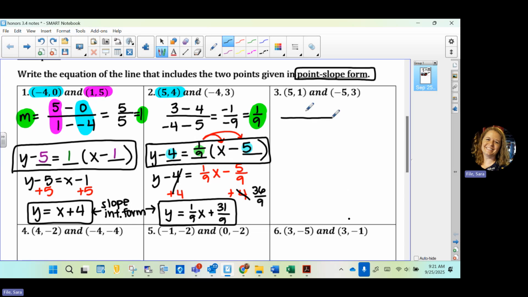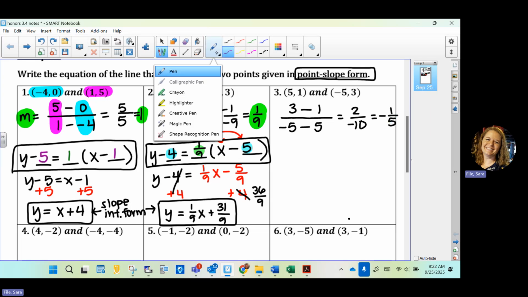Okay, so we're going to find our slope first. What is that reduced to? Positive or negative? Negative. Yeah, we've got a positive divided by negative, so that comes out negative. So -1/5 is my slope.